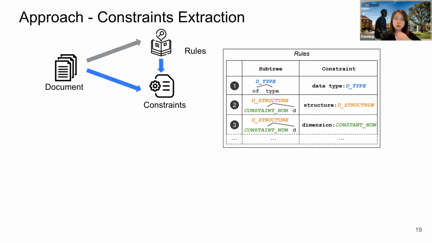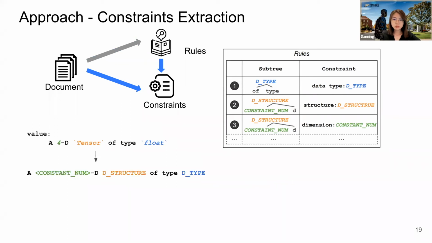Then, DocTer applies these rules to all of the preprocessed API documents to automatically extract constraints. For example, given this sentence, a 4D tensor of type float, we first conduct normalization and dependency tree parsing to this sentence. Here, we replace the constant number 4 with the annotation constant num.